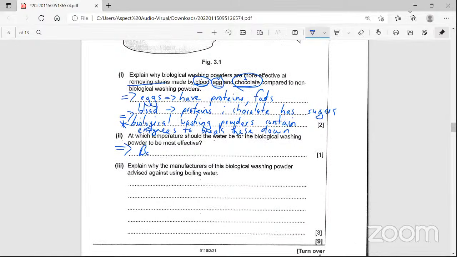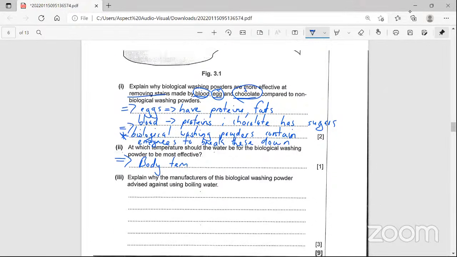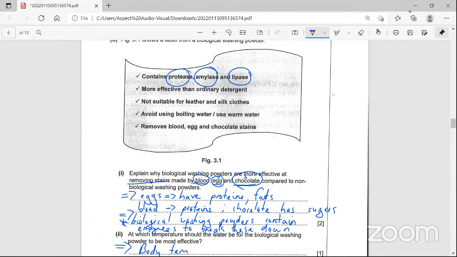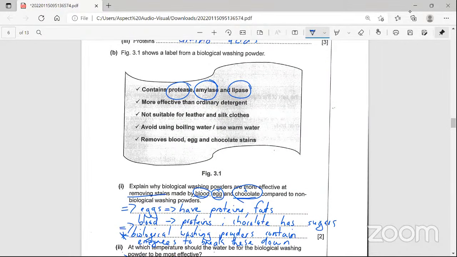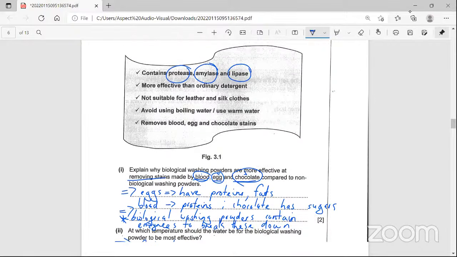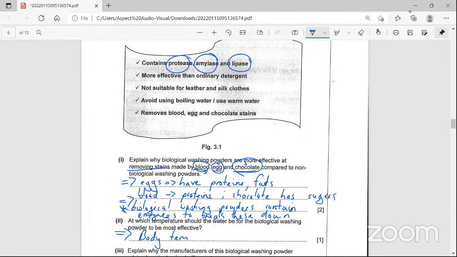Remember, for the enzyme, when we're dealing with your proteins and breaking down what's in the body, these enzymes are the ones that are used in our body. So we use body temperature altogether.